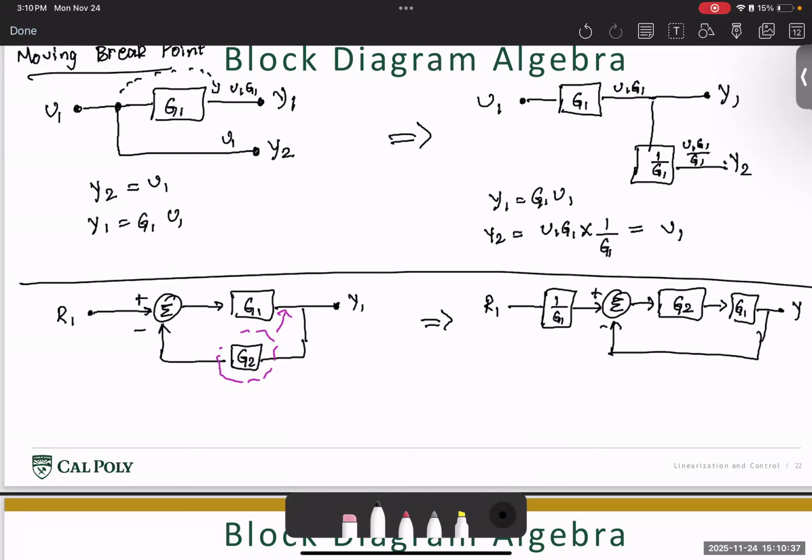To do that, I have to pre-multiply the entire input by the gain 1 by G1.